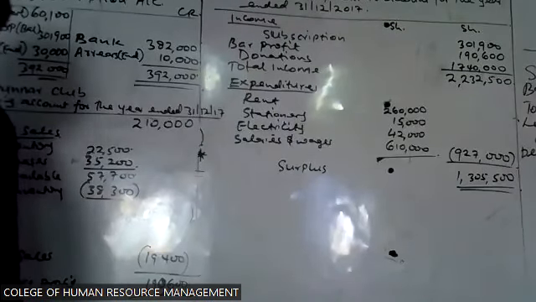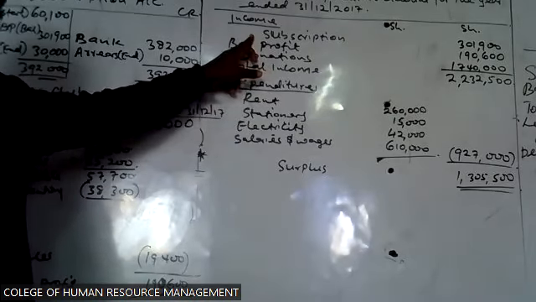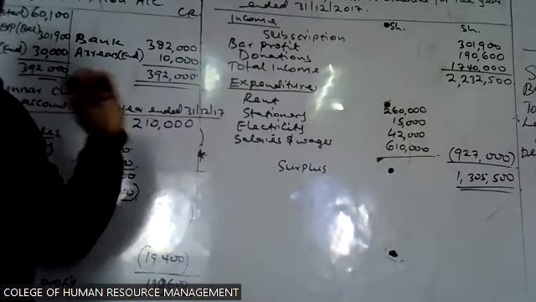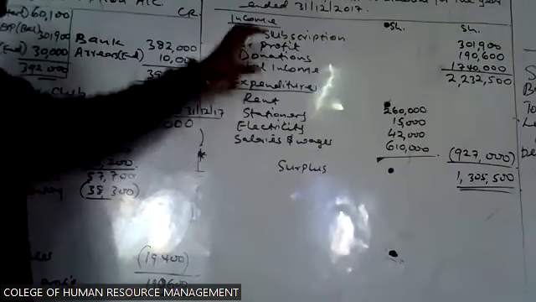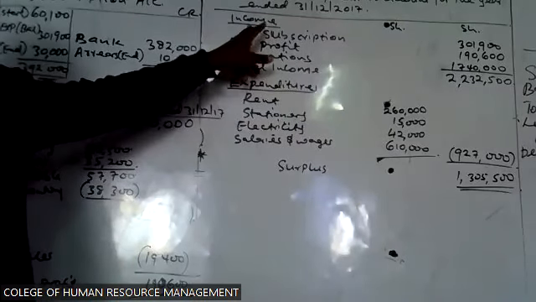That is the end of that question. So I want you to take into consideration how you prepare a subscription account, and how you prepare either the bar or the restaurant trading account. The profit from the restaurant trading account becomes an income here.